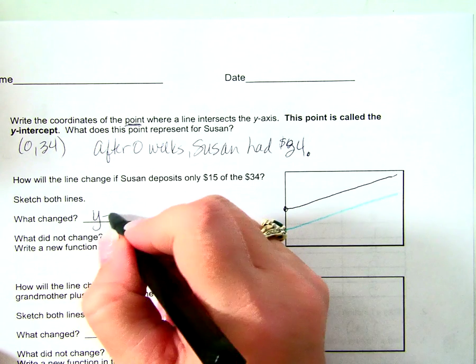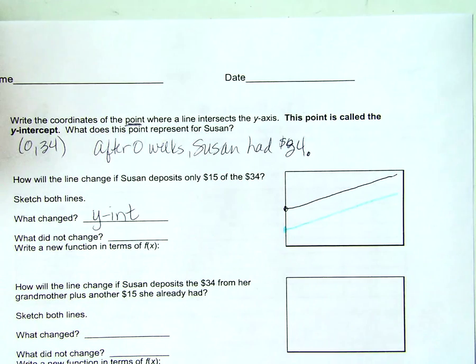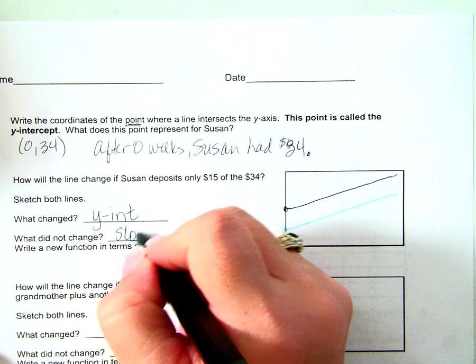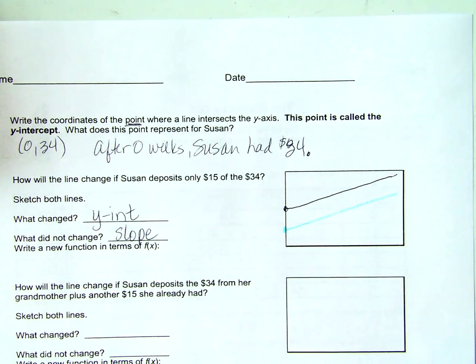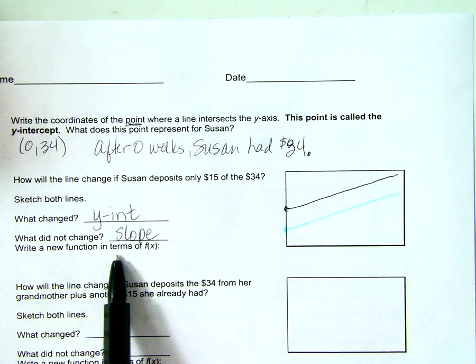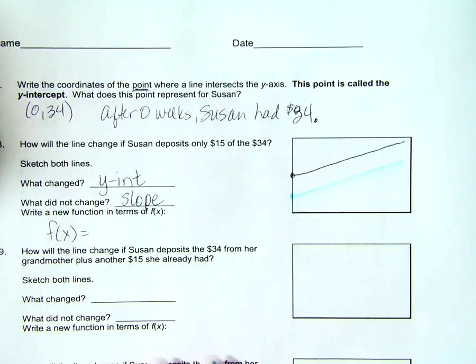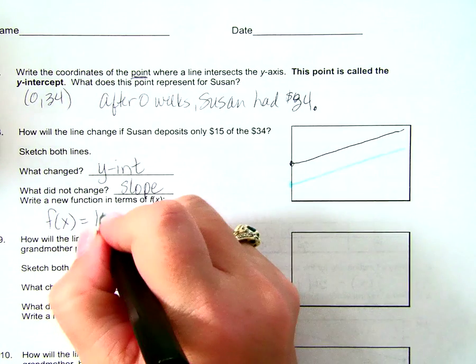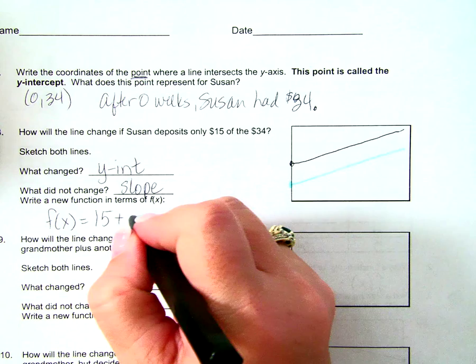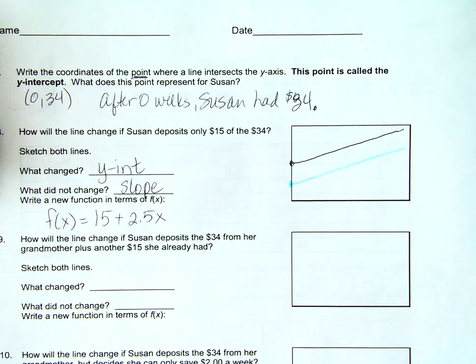The position of the y, so the y-intercept changed. What did not change? The slope. Why did the slope not change? She's still saving $2.50. Excellent. So what's the new function? F of x equals 15 plus 2.5x, right?